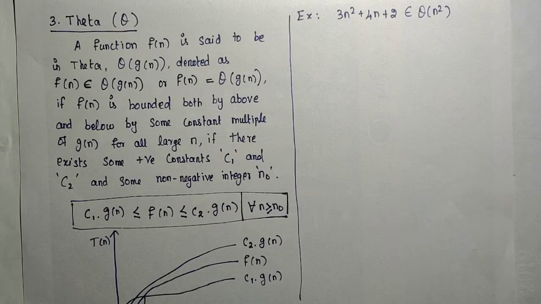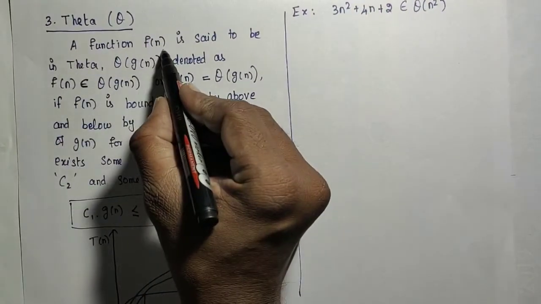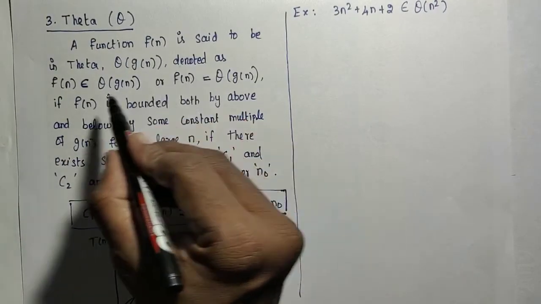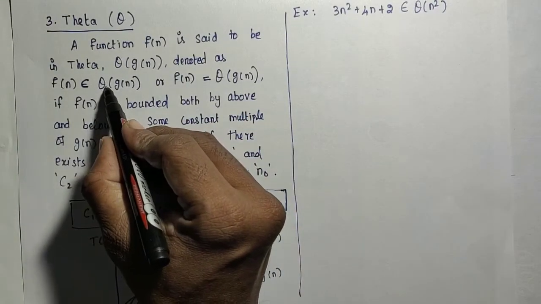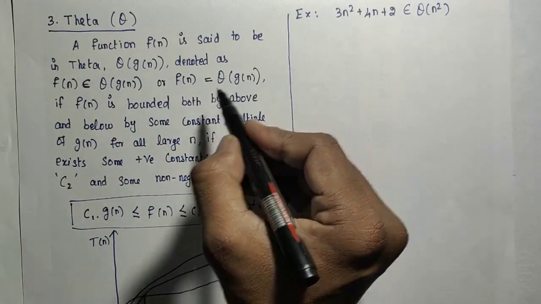If a function belongs to big O of some function and big omega of the same function, then we can say the function belongs to big theta. The definition: a function f of n is said to be in theta of g of n, denoted as f of n equal to theta of g of n.